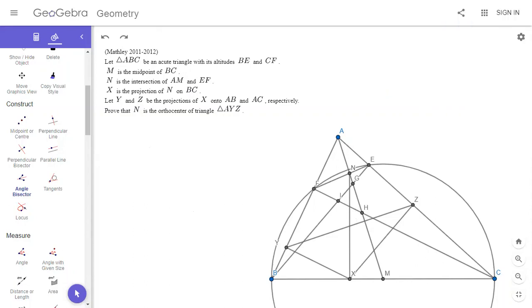I mean, this feels like it should be easy. I'm just struggling with it. So is AN perpendicular to EF?